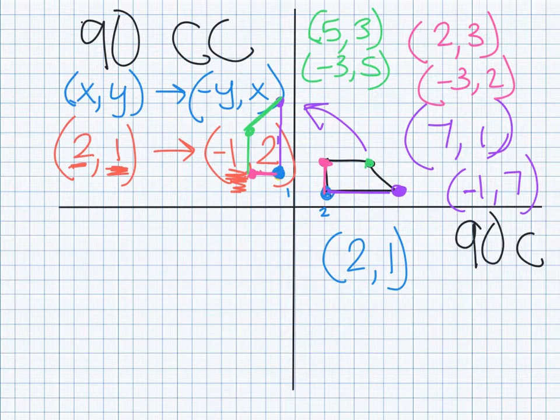Now I finished off this pink and this green point following the same rule. I switched the x and the y values' order, and then I made whatever the original y value was negative. So you can see, grab my highlighter, that this trapezoid that I've turned is the exact same trapezoid that was originally there. I have just rotated it 90 degrees counterclockwise.